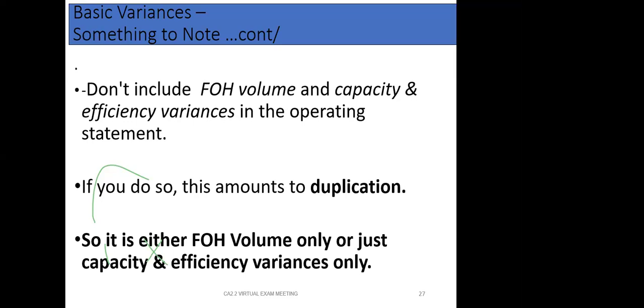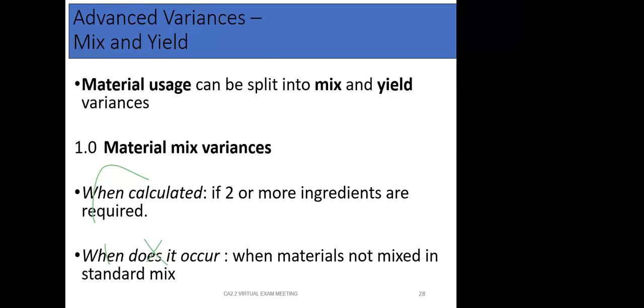If you do so, this will amount to duplication. So it is either fixed overhead volume only or capacity and efficiency variances only. So something to note there. That's all on basic variances.